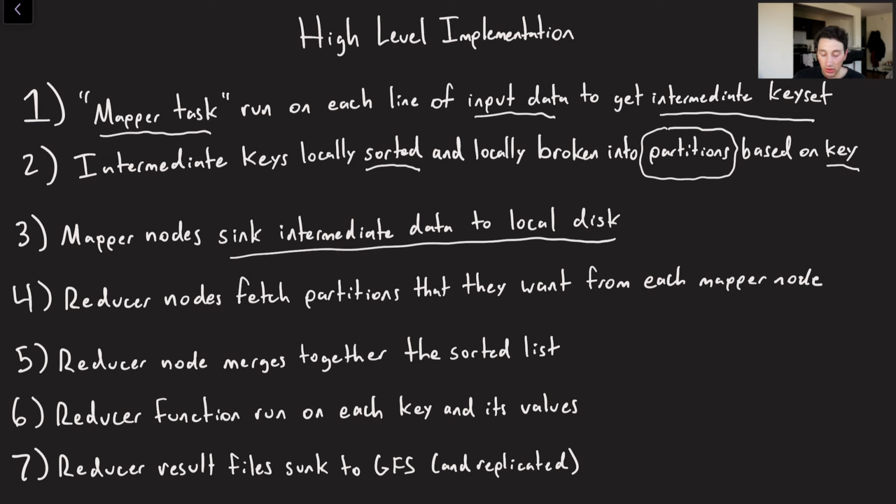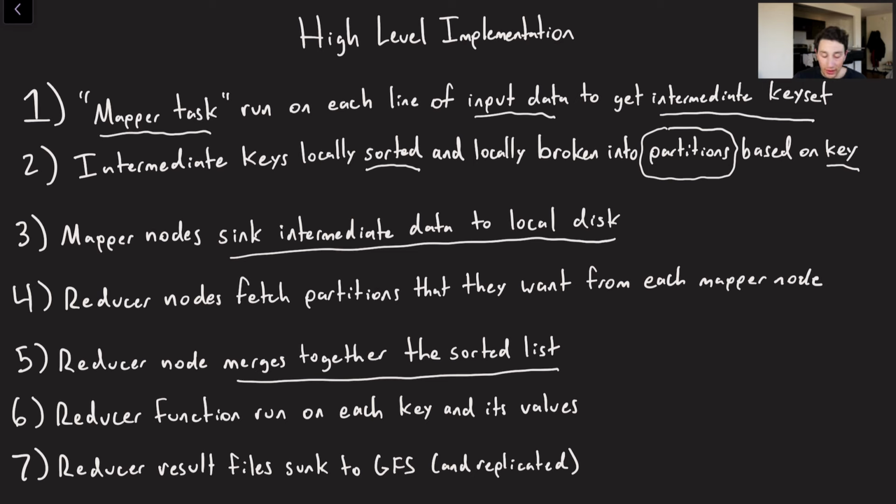After that, what we're going to actually do is go ahead from the reducer node and fetch all of the partitions that we want for that particular reducer node. So every single reducer node is going to claim one partition of the data from each mapper node, and it is going to then perform the reducer task. We'll talk about that a little bit more in a bit. Finally, the reducer is going to merge together all of the sorted lists, right? Because it's getting data from every single mapper node.